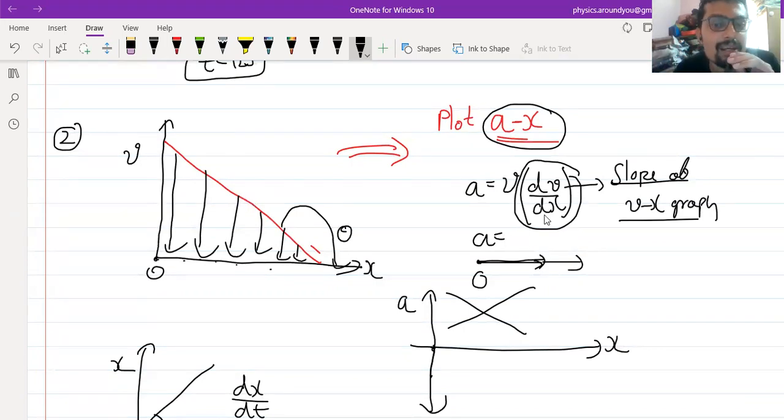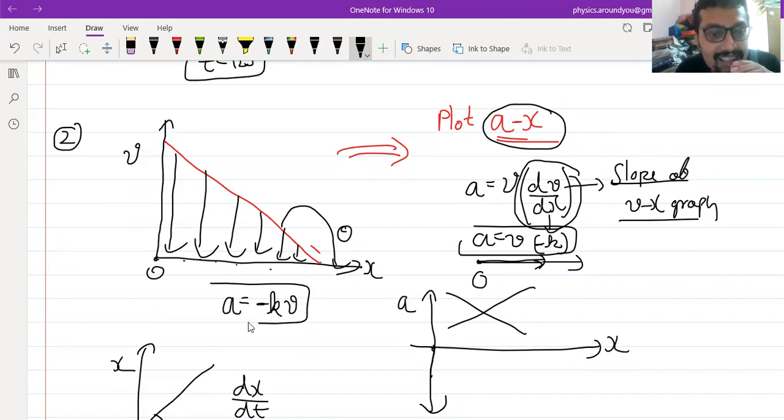Let that negative number be minus k. So I know that acceleration is equal to minus k times velocity, where k is some number.